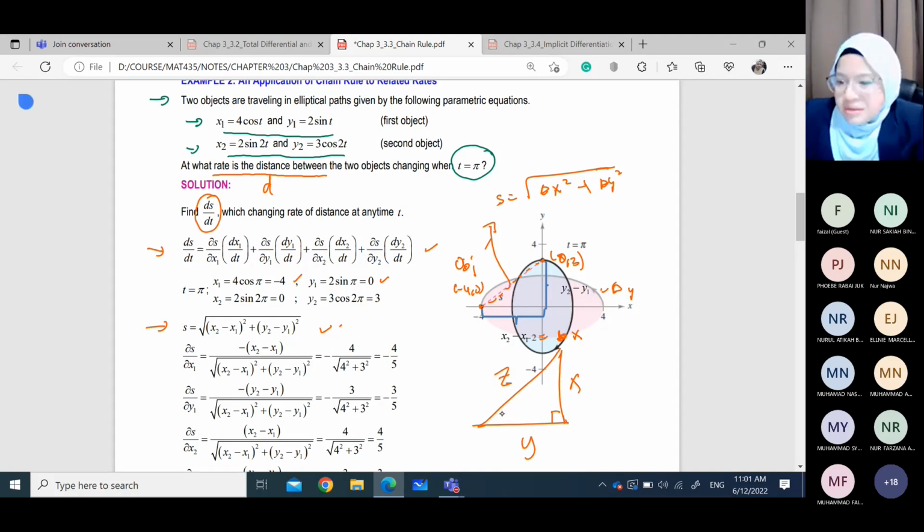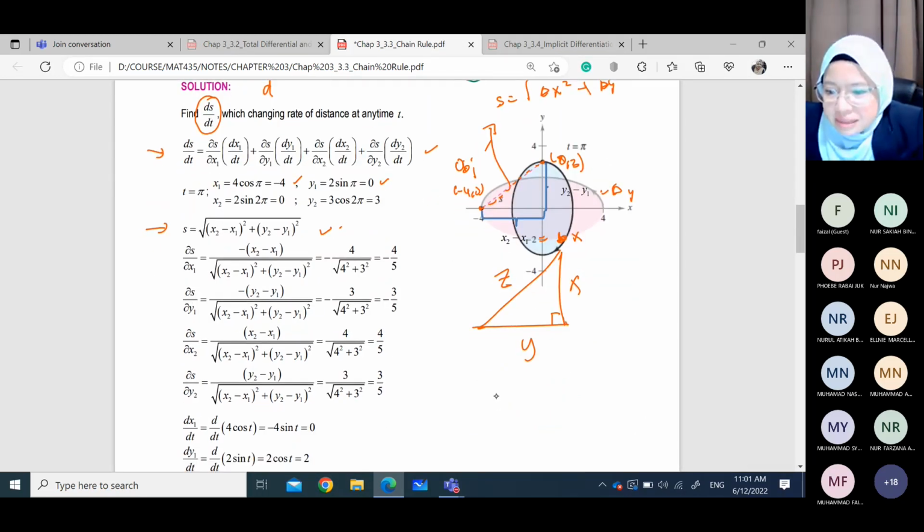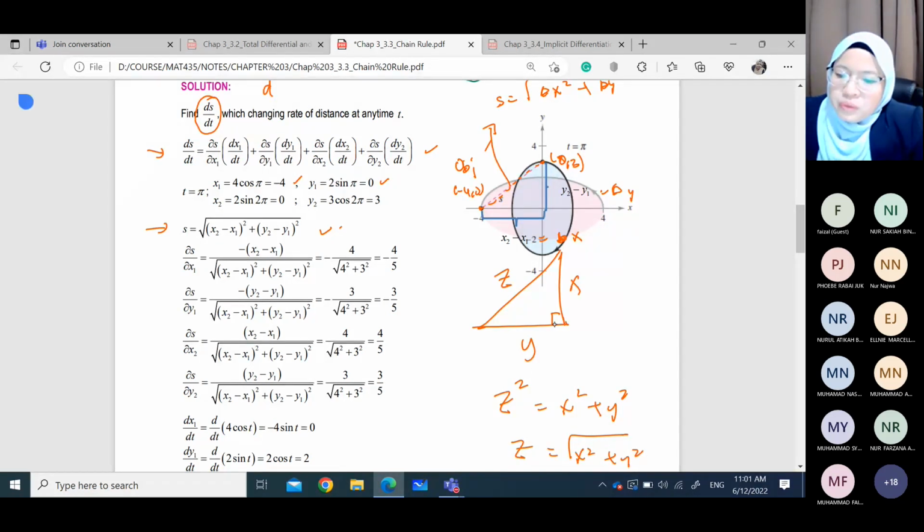X is the hypotenuse, so Z squared equals X squared plus Y squared, so Z equals the square root of X squared plus Y squared. In this case we want to find the distance, so we need to find its length.